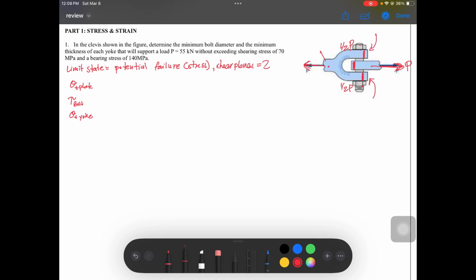Para hindi ito mag-break, kailangan mas satisfy yung bearing stress. Dito nangyayari yung bearing stress natin. So, may bearing stress ang plate, may bearing stress din ang yoke or yung clevis natin. So, yan ang lahat ng mga stresses na mararanasan ng system natin.